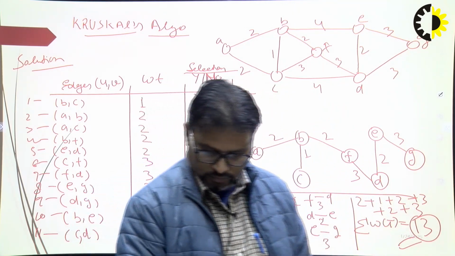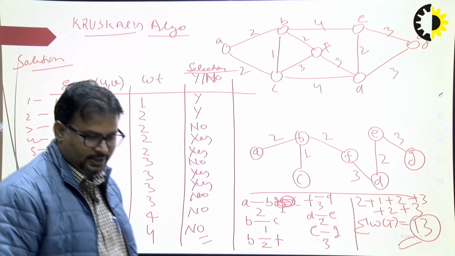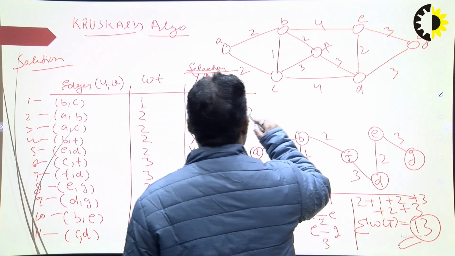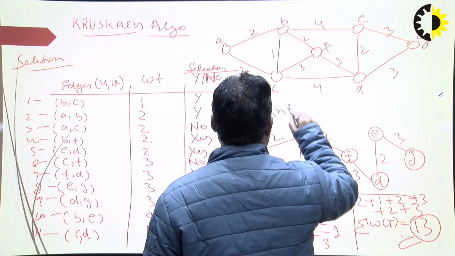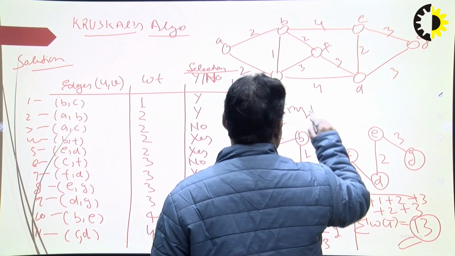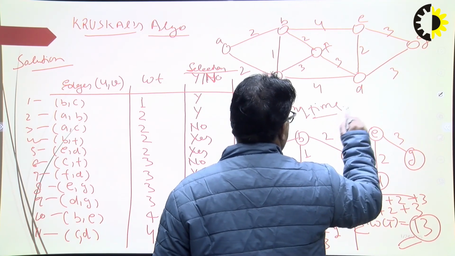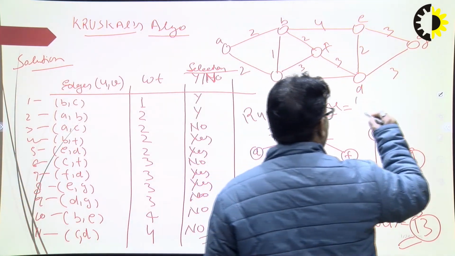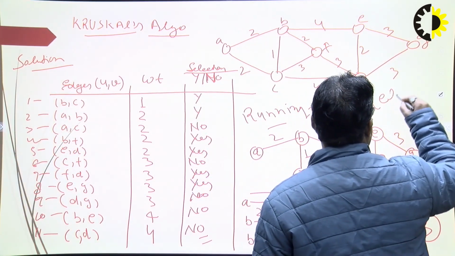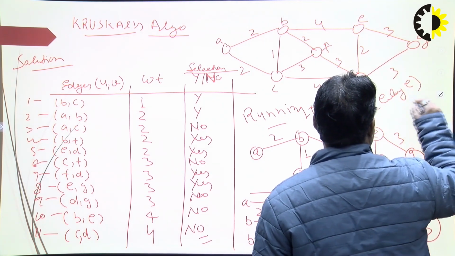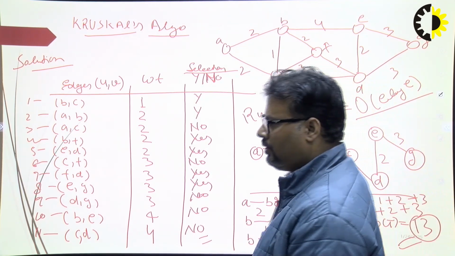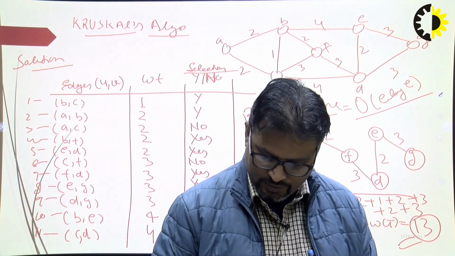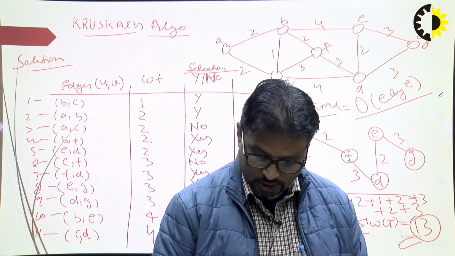Okay, so here we can say that this is the solution, and the running time of this problem is big O of E log E. Okay, again we will take another example of Prim's algorithm.